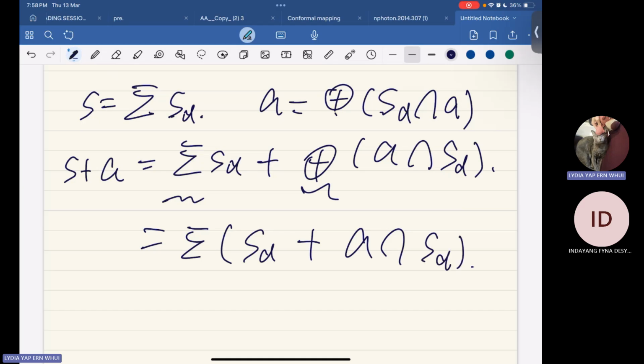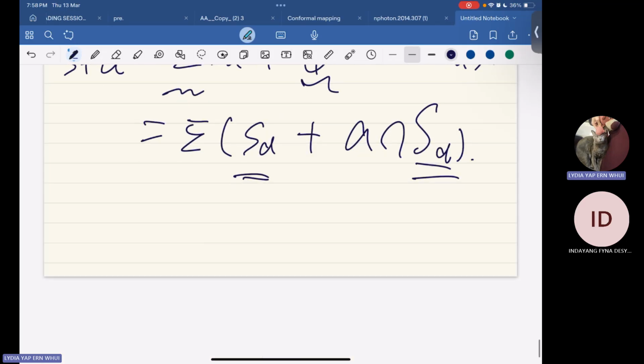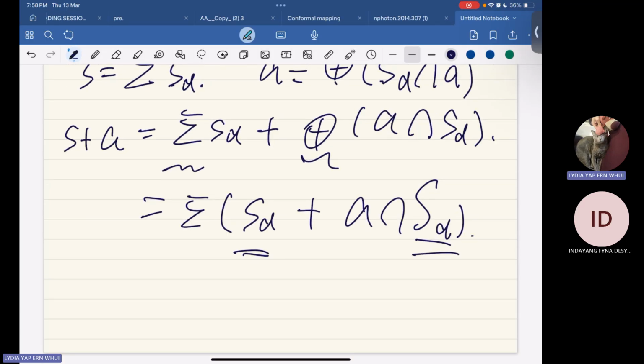Sorry, this s is small s and this S is the big S; I just wrote them as the same thing. I need to say again, this is not a very precise proof, but you can see this is right. And so this is a coset inside this sigma thing, a coset of A intersect S_d.